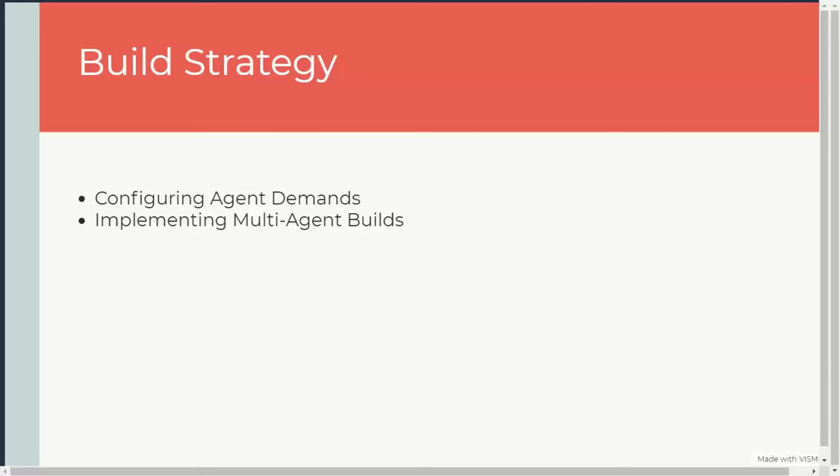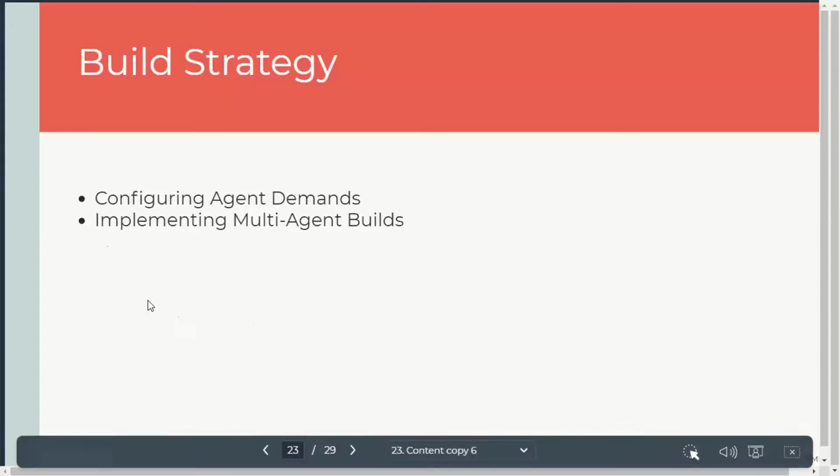These are the agent demands you need to know. In your case, you need Git and Redgate, those two utilities, installed on the self-hosted agent machine. Then only can you run all the tasks in the pipeline. So that is configuring the agent demands.